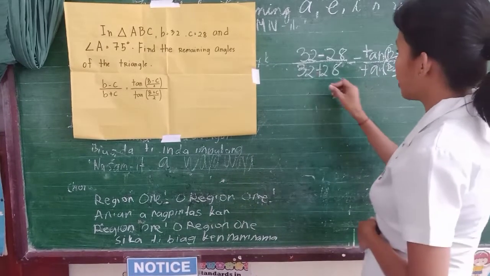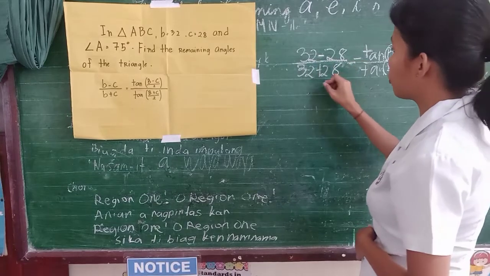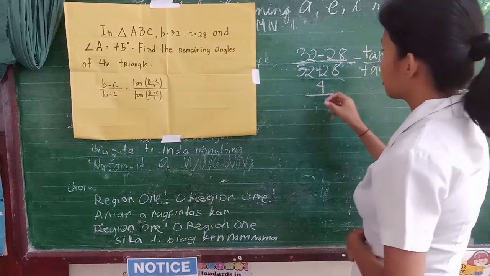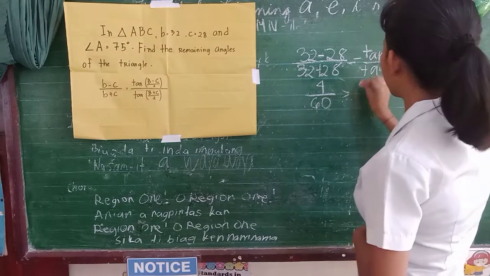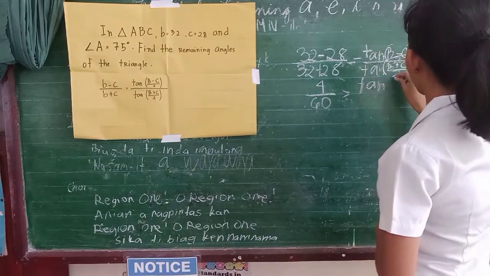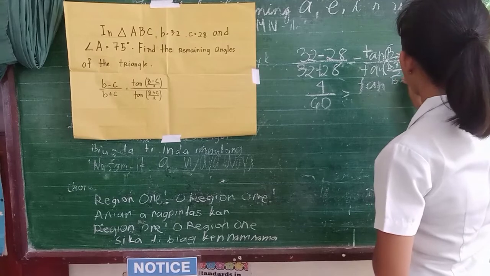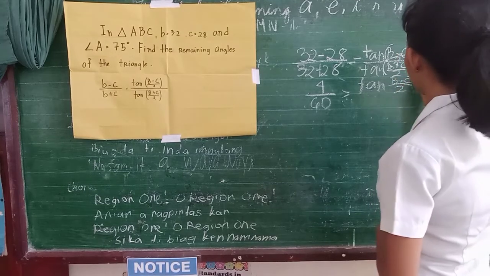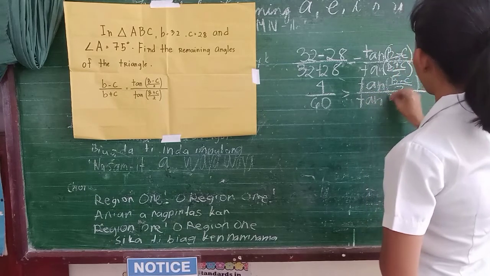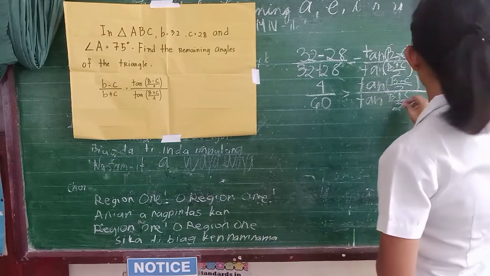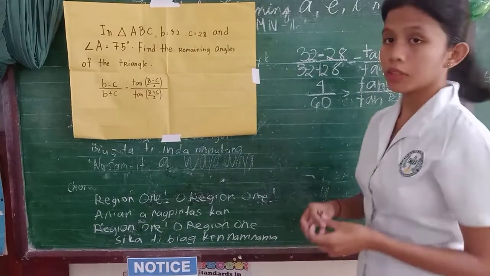Then we will simplify it. 32 minus 28 equals 4. 32 plus 28 equals 60.